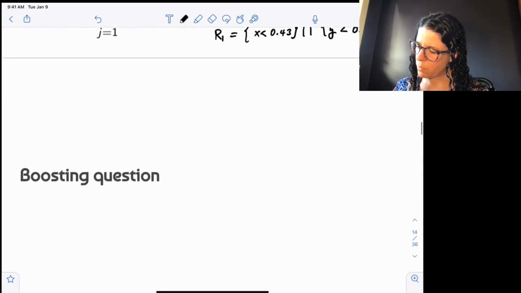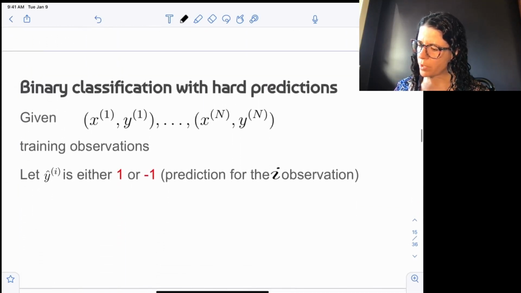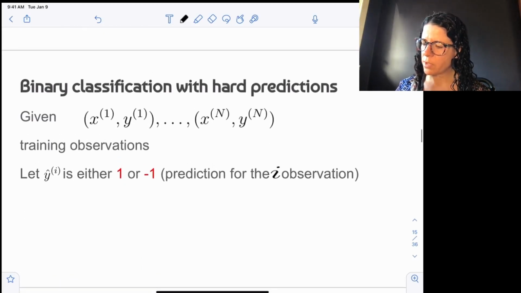Okay, so let's talk about the boosting question, and let's give a little bit more notation here. We're given training data (x1, y1) through (xn, yn), and we're assuming that y1 through yn are either 1 or -1.